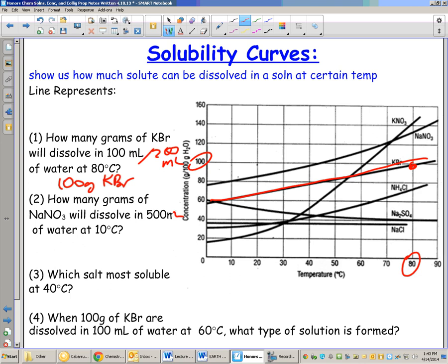So what am I looking for? Let me look for sodium nitrate for you first, right here. Here's sodium nitrate. Here's 100. So that's 80 per what though? 80 grams per 100 grams of water. So how much? Yeah, times 5.